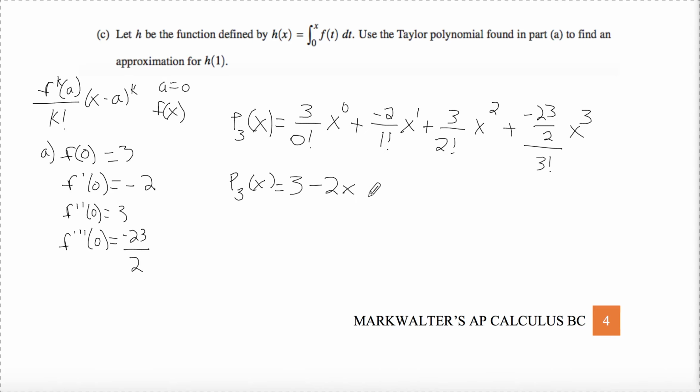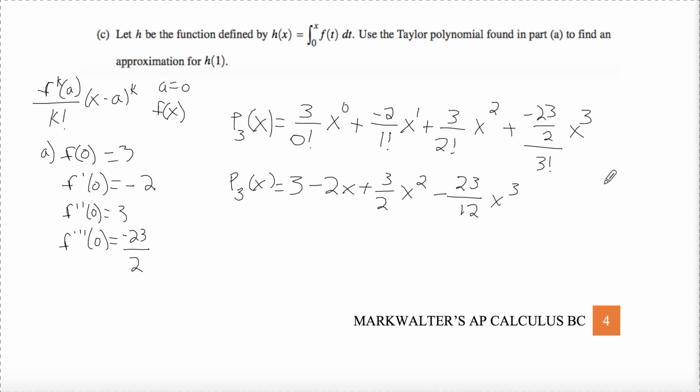Plus 3 divided by 2 factorial is 2, so that's 3 halves x squared. Minus 23 over 2 divided by 3 factorial. 3 factorial is 6, so I'm going to multiply that into the denominator up here, so that's minus 23 over 2 times 6, which is 12, x cubed. So there is my third degree Taylor polynomial for this function.